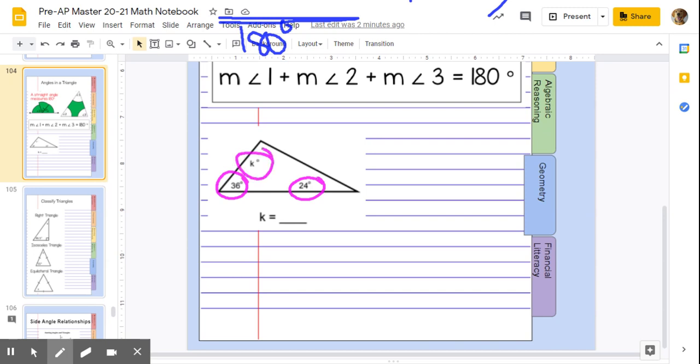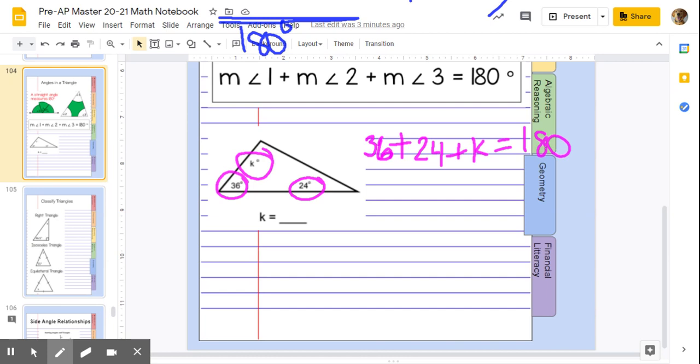So I can say the measure of 36 plus 24 plus K, which are all 3 angles in my triangle, is going to equal 180 degrees because every triangle will always equal 180 degrees.